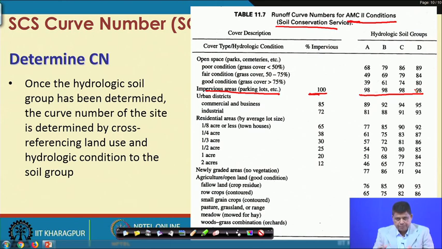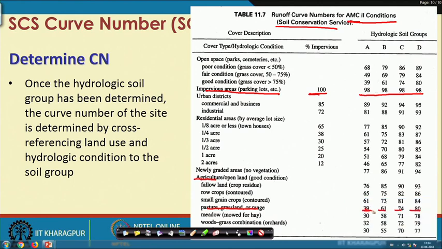There is no loss to infiltration or abstraction in this case, which is quite obvious because it is an impervious area. But if you come to an agricultural area, say pasture or grassland or rangeland, then the values vary from 39, 61, 74 to 80, that is, 39 to 80 depending upon whether your soil belongs to group A or group D.